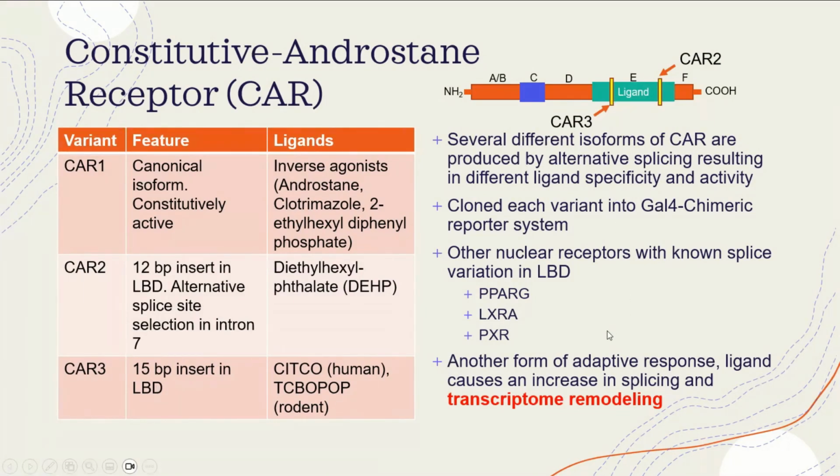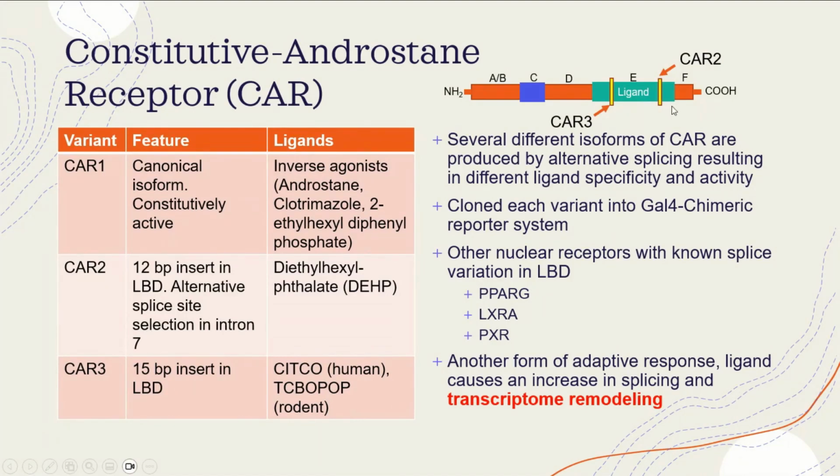Now, what this leads to is differences in the ligand binding domain, and this leads to diversity in the types of ligands that can interact with this ligand binding domain. So we have different agonists for the wild type, the CAR2, and the CAR3. And this is becoming more important in the nuclear receptor space in general.